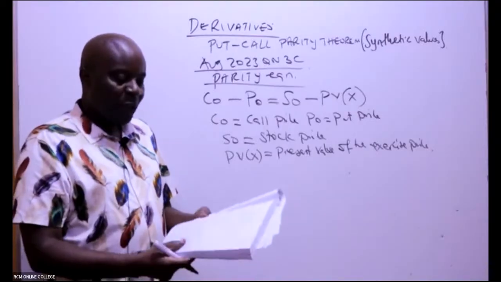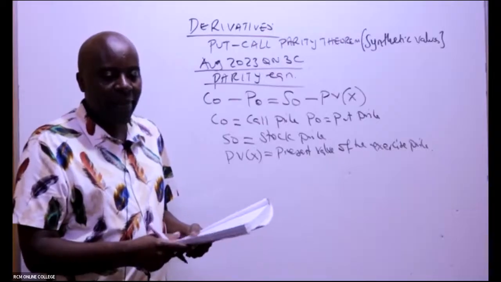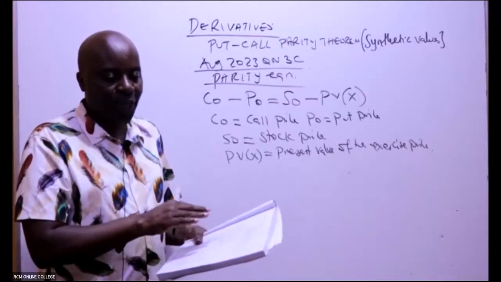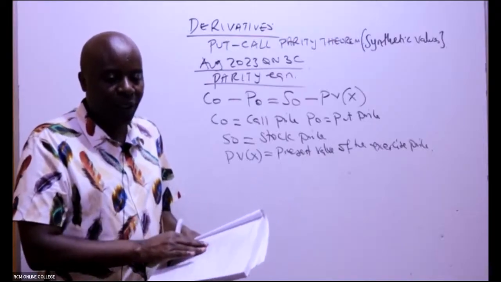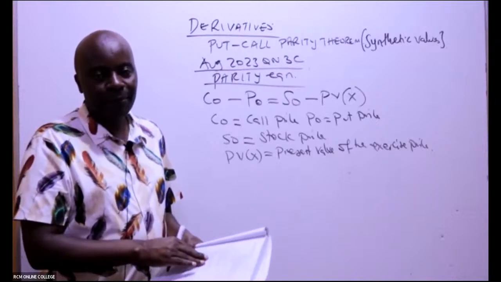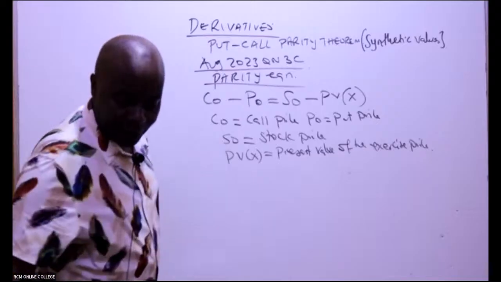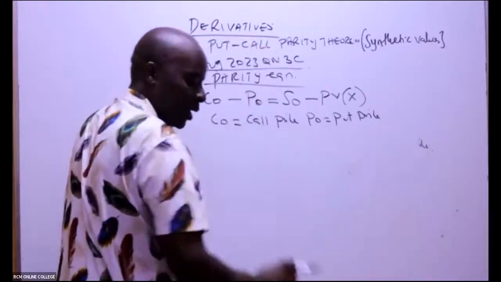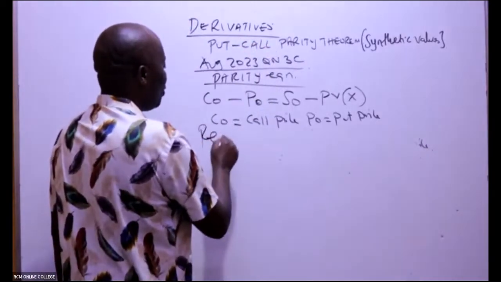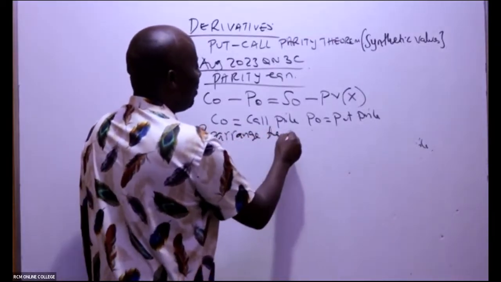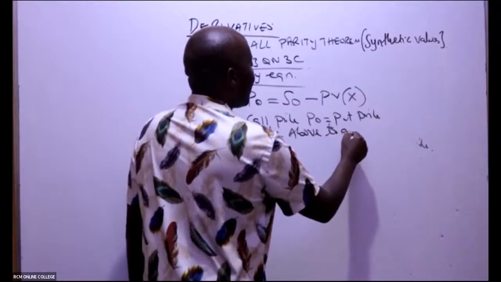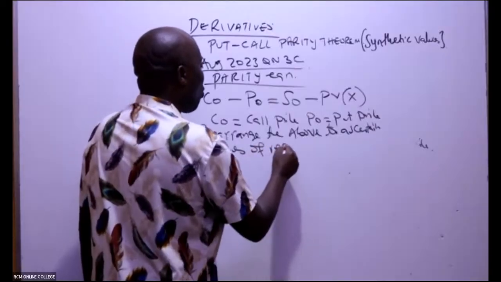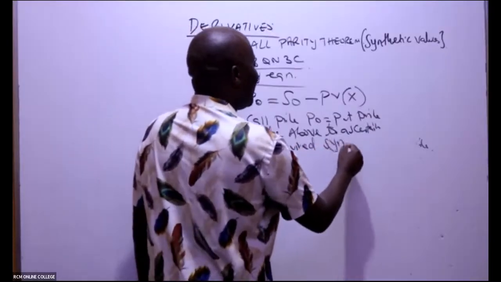All right. So then what we're going to do, ladies and gentlemen, anytime they want us to really get these synthetic values, what we need to do is to rearrange the above to ascertain values of the required synthetic assets.